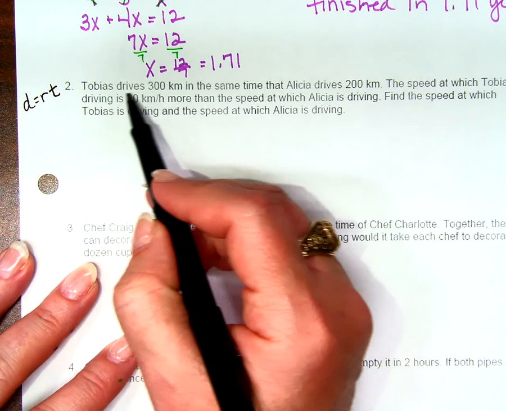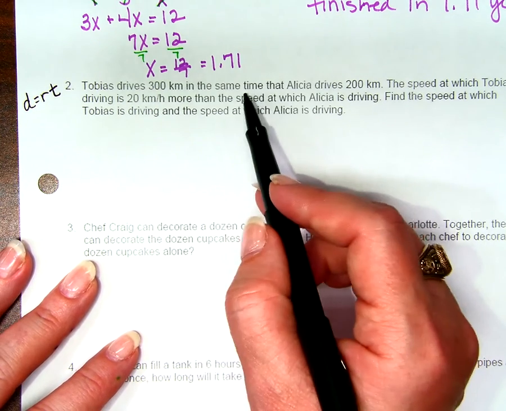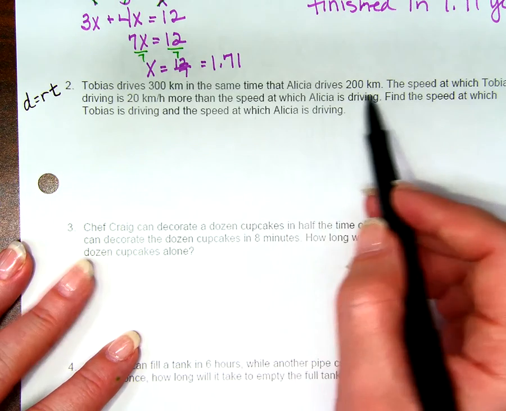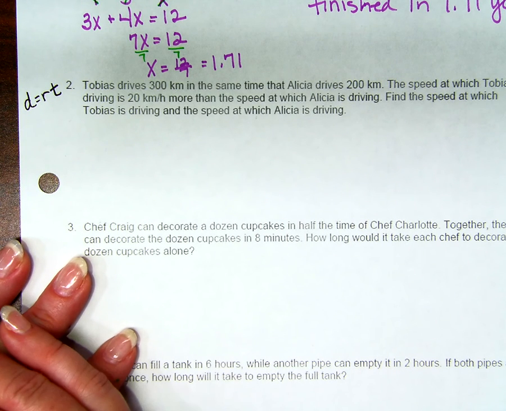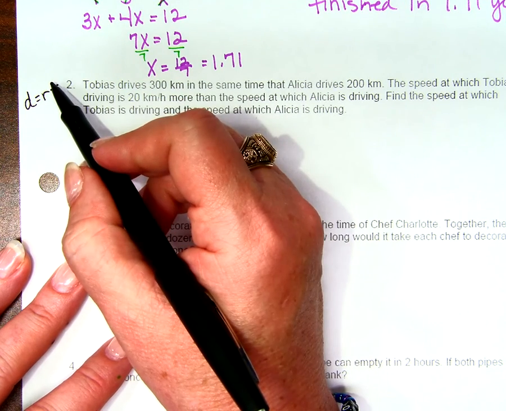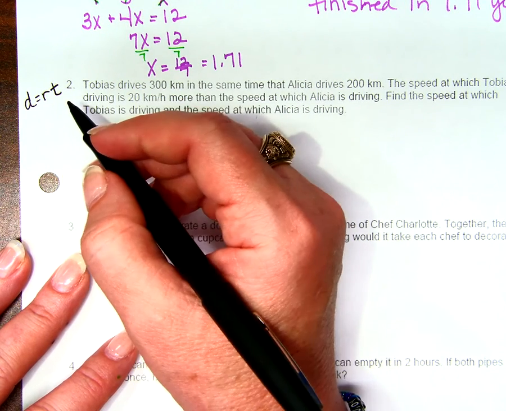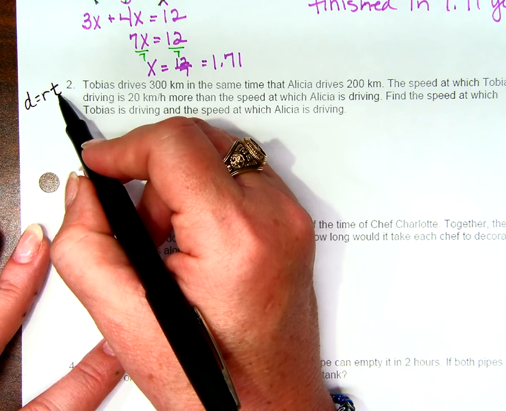It also tells us in the first sentence that he drives 300 kilometers in the same time that she drives 200 kilometers. So their times are equal, right? They're the same. So wouldn't it help if we took this equation and set it equal to time? Because right now it's set equal to distance. How would I set it equal to time instead?